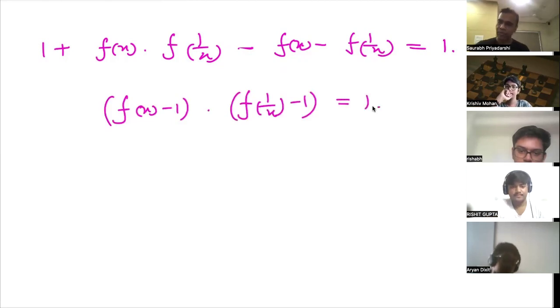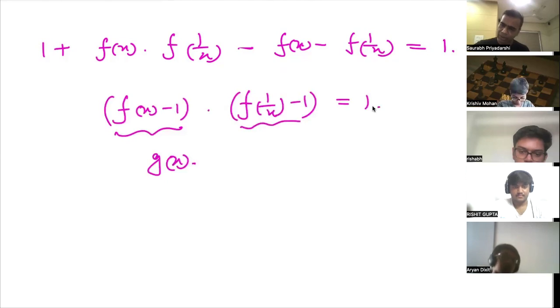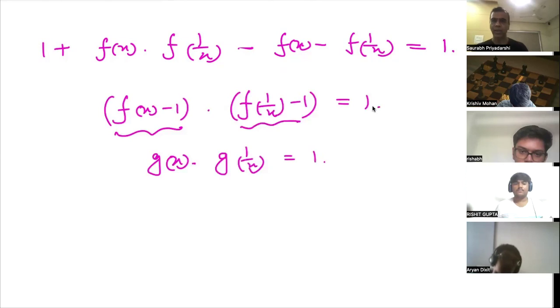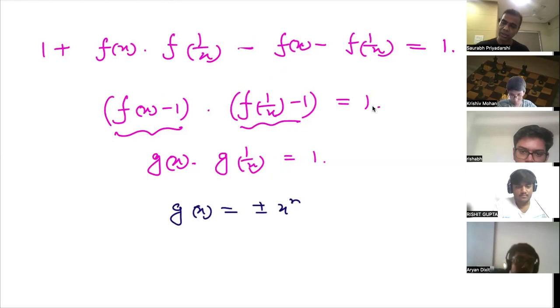If fx is a polynomial, then fx minus 1 is also a polynomial. I'm assuming this as gx. If this is gx, then 100% this will be g of 1 by x. The gx into g of 1 by x is equal to 1. This is possible only if gx is the polynomial with only one term, otherwise both will not cancel out each other.